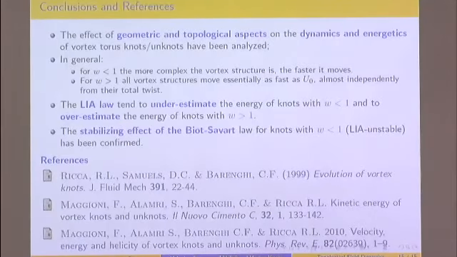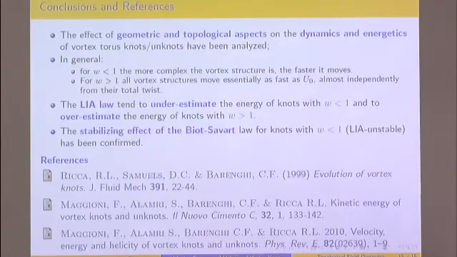So, in conclusion, with this numerical investigation we have evaluated the effects of geometric and topological aspects on the dynamics of torus knots and unknots. In general, we have found that for a winding number less than 1, the more complex the vortex structure is, the faster it moves.